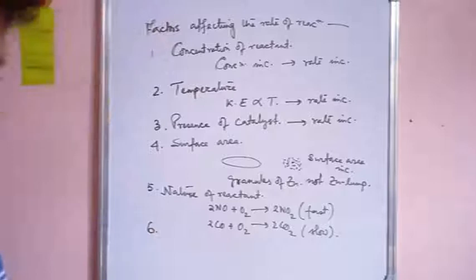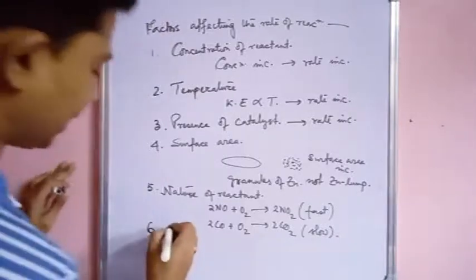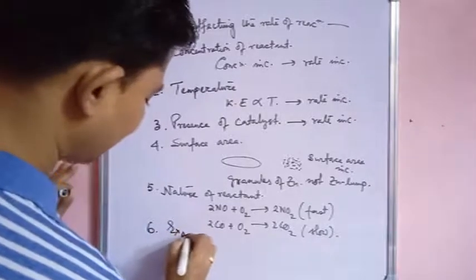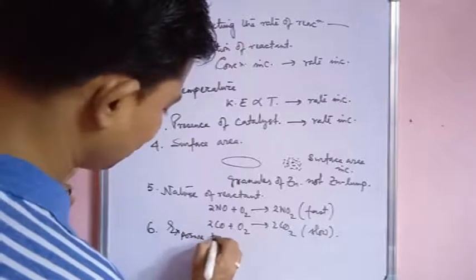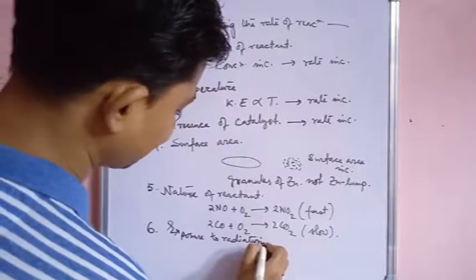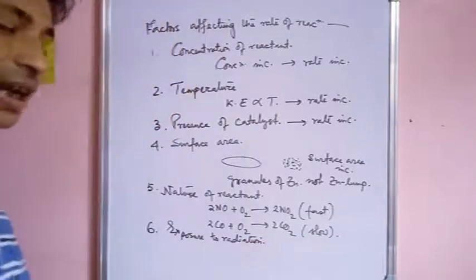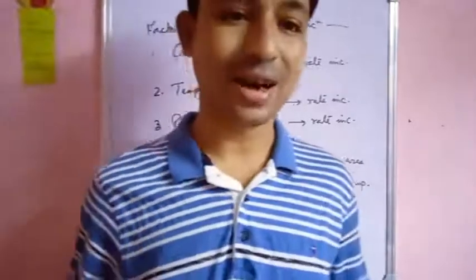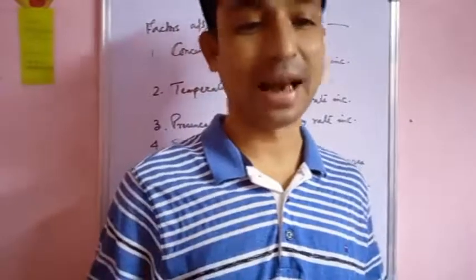The sixth point is exposure to radiation. So these are the 6 points. We know that every reaction occurs very fast when we expose it to sunlight.